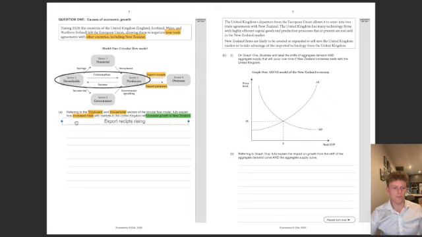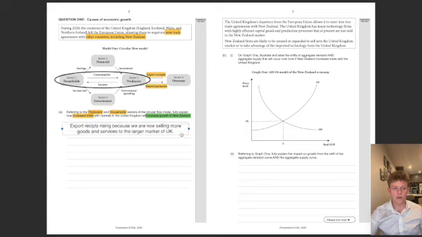Export receipts rising because, and we love to get a because in our answer just to show we've got depth, because we are now selling more goods and services to the larger market of the UK. So export receipts rising, that's a good start there.